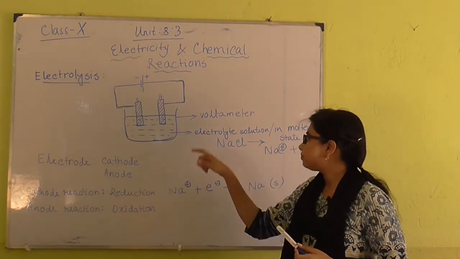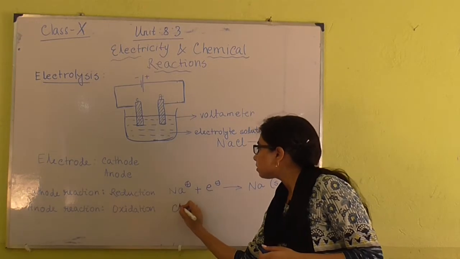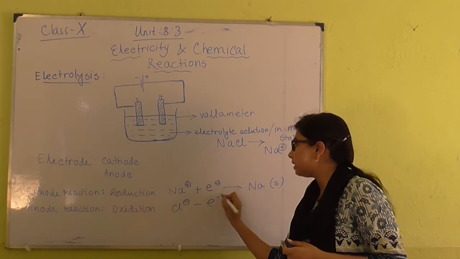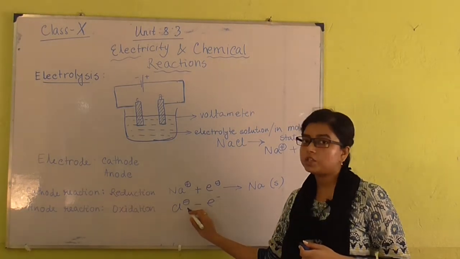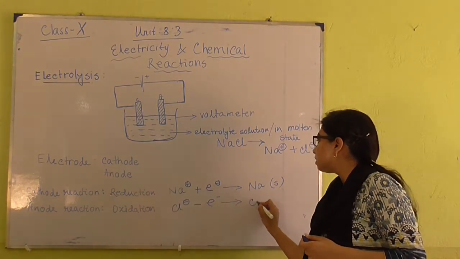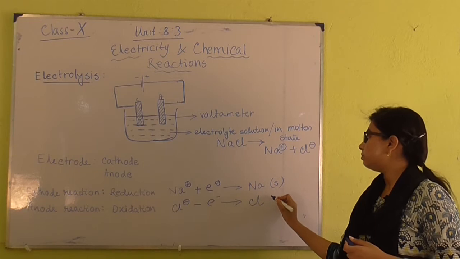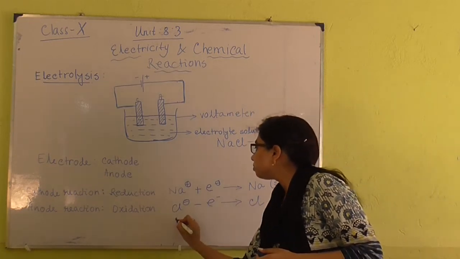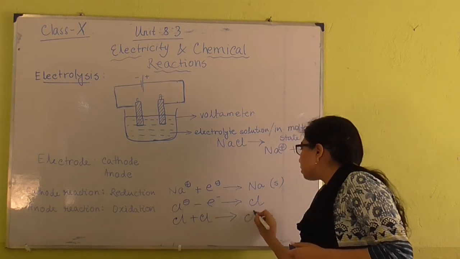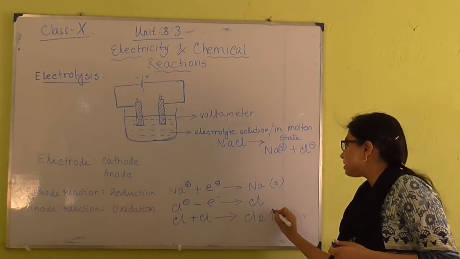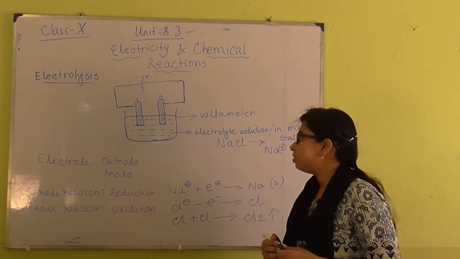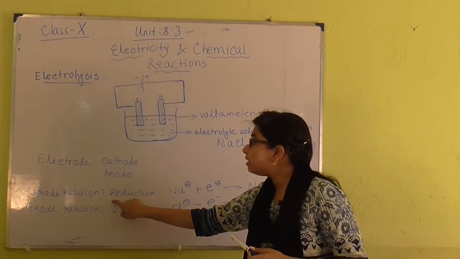Cl- will move towards the anode and will lose 1 electron, as there is 1 negative charge, and it will form a chlorine atom. In this way we get 2 chlorine atoms combining to form a chlorine molecule, and this chlorine gas will be removed from the anode.